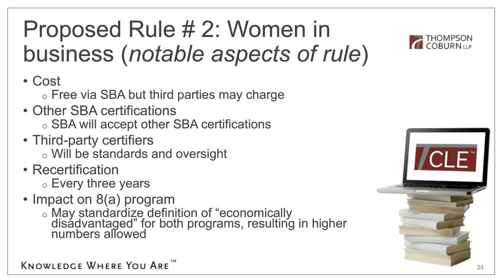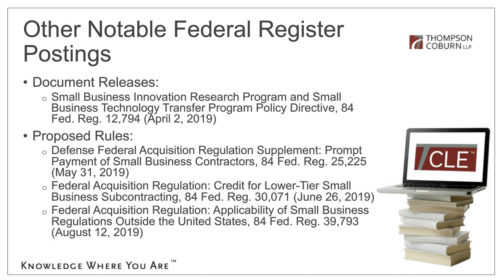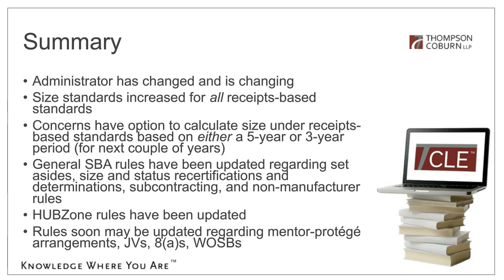So this slide just has some Federal Register postings, other rules essentially that you may be interested in in case you ever want to look them up based on the titles. And these last couple of slides really just have a summary of what we've talked about. I'm not going to go over it word for word.